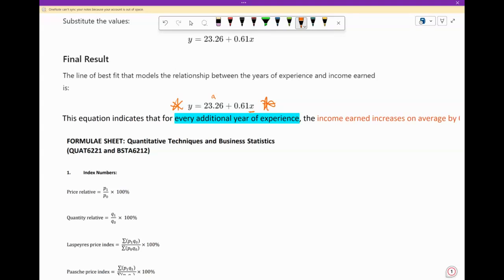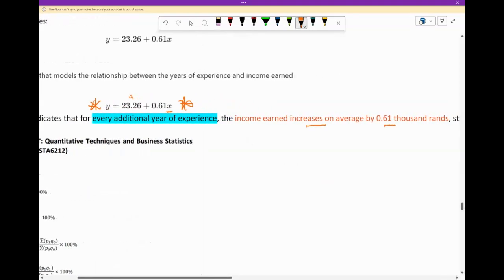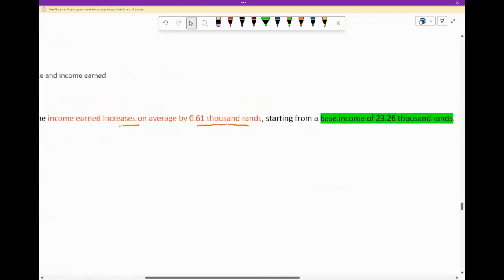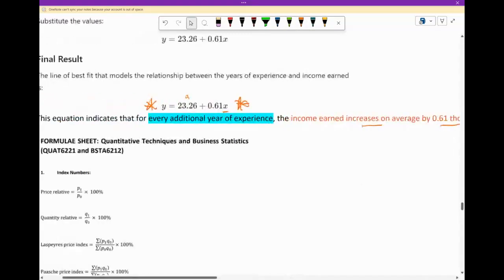Okay, and remember, this is being calculated in thousands. So bare minimum, you're going to have 27,260. The income earned increases on average by 0.1000, starting from a base income. Remember I told you this is fixed, so that's your base.